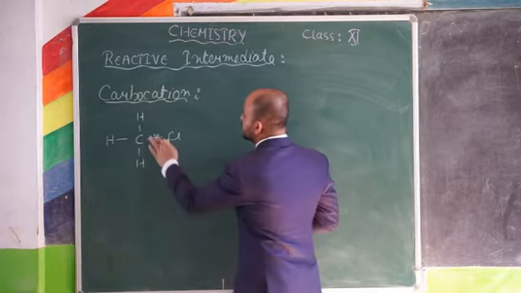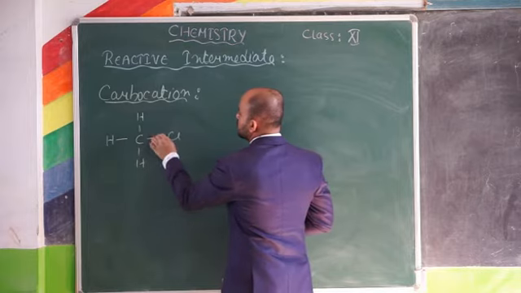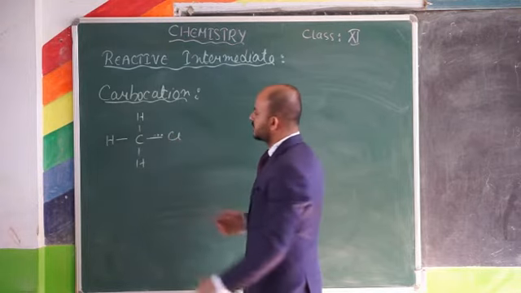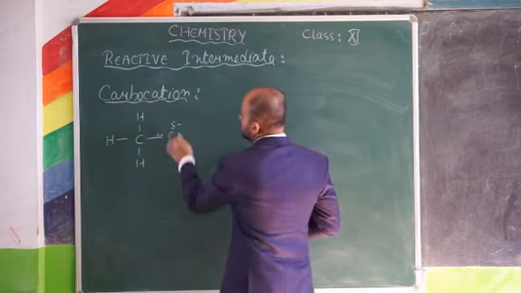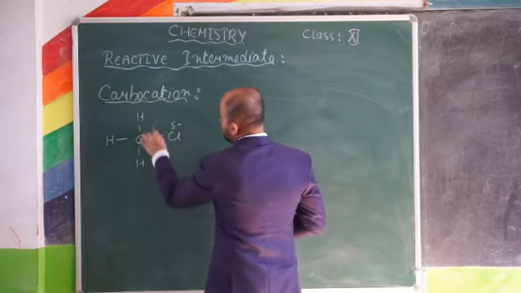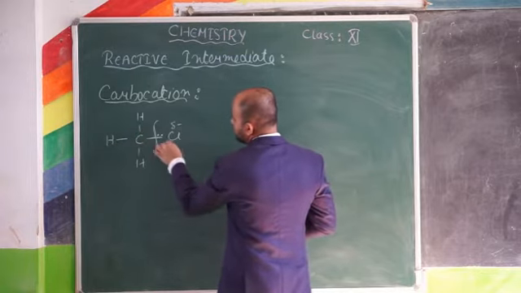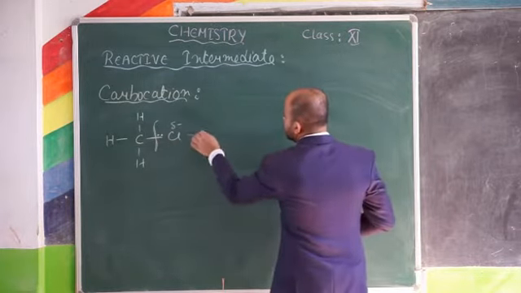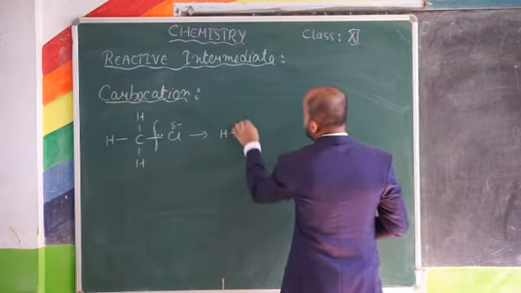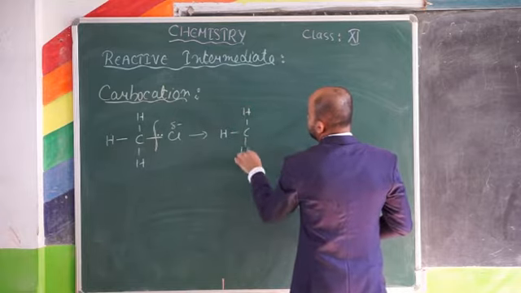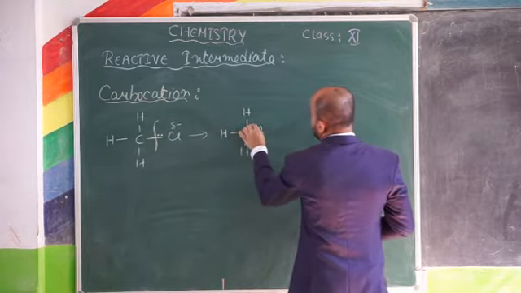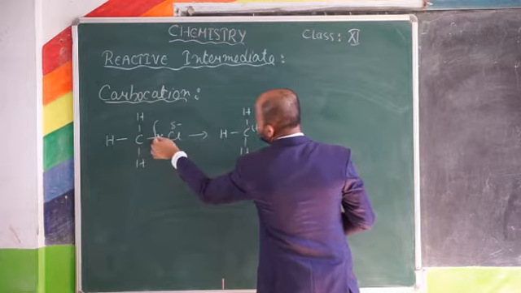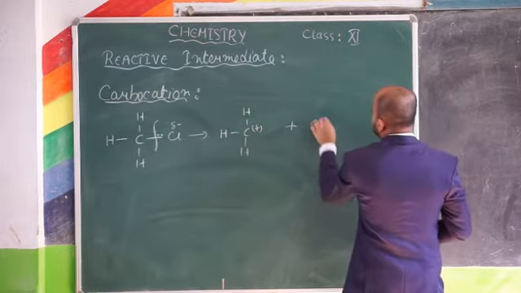The electrons will be shifted towards chlorine because chlorine is more electronegative. If the bond between carbon and chlorine breaks heterolytically, it will generate CH3 plus, and this carbon will now have a positive charge because its electron has been taken up by chlorine.